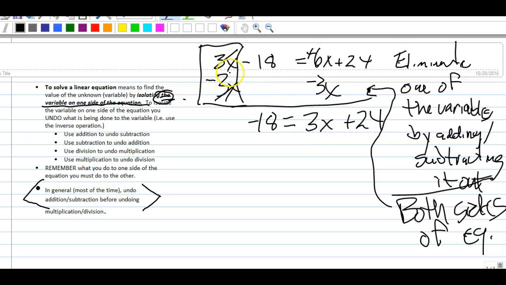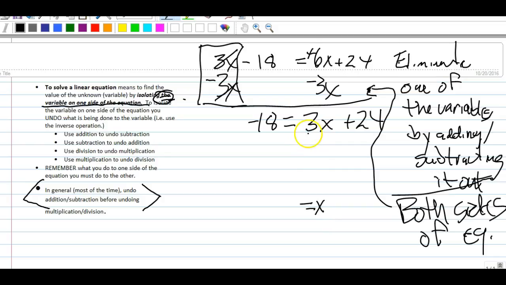So I've eliminated the variable on the left side of the equation. Now I have a variable just on the right side, so that's the side where I'm going to isolate this variable. I want to go from 3x plus 24 down to simply x.